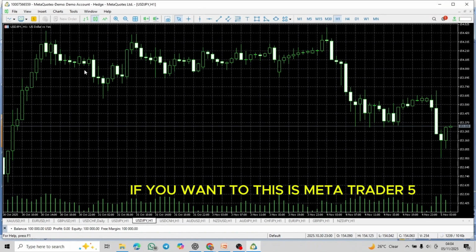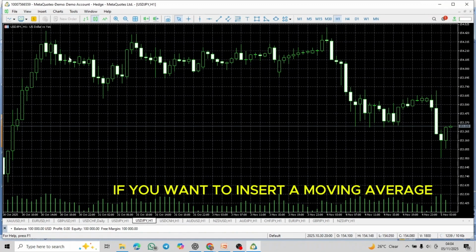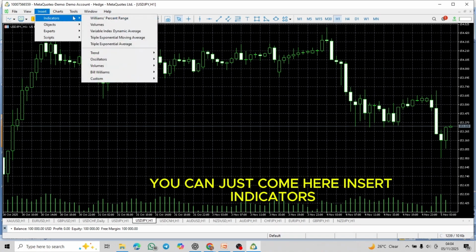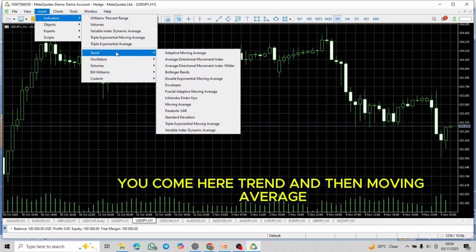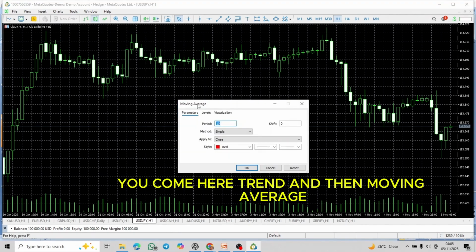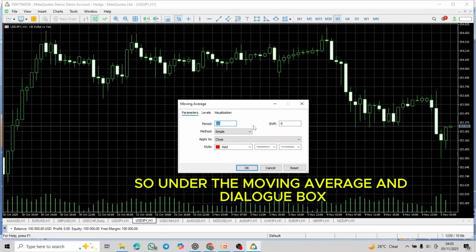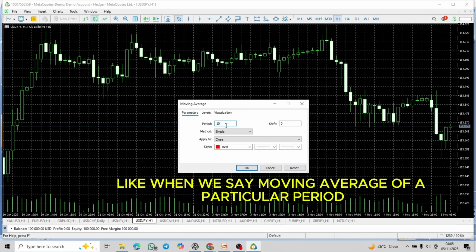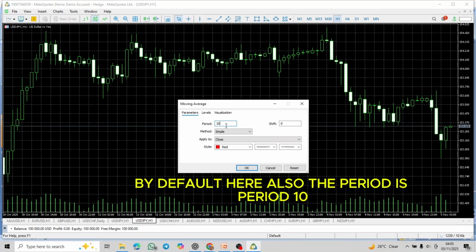This is MetaTrader 5. If you want to insert a moving average, you can just come here, insert indicators. You come here, trend, and then moving average. Under the moving average dialog box, you can choose a moving average of a particular period. By default here, the period is 10.